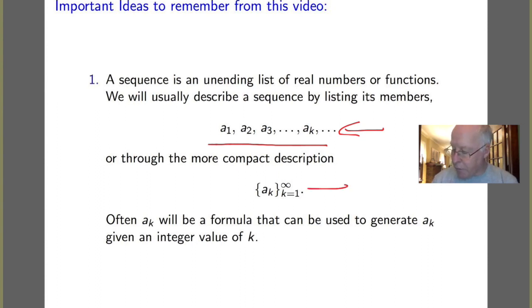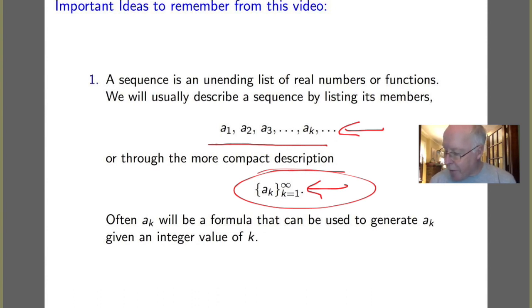In fact, we probably use this more than any other because it saves room: brackets a sub k, k runs from 1 to infinity. Usually the thing inside, the a sub k, will be some formula that's used to generate a sub k. You take an integer value of k, plug it into the a sub k formula, and that gives you the value of the sequence.